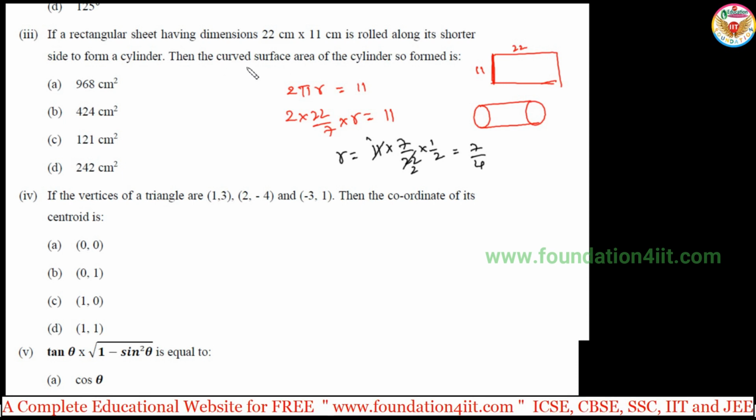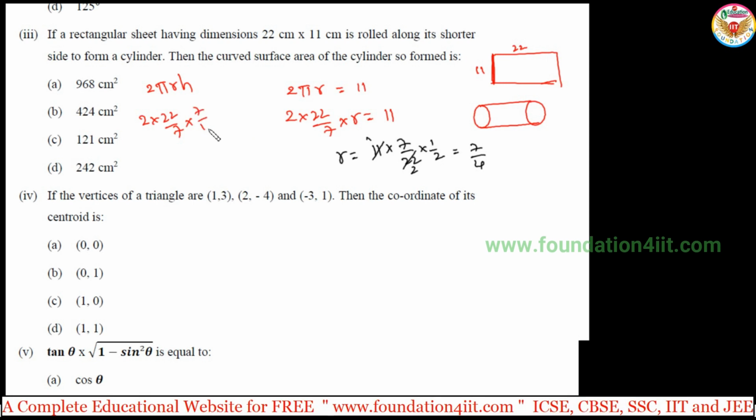Now we need to find out the CSA of the cylinder, curved surface area. So CSA of the cylinder is 2 pi RH. You apply that formula. So 2 into 22 by 7 and radius we got 7 by 4. Height is the distance, that is 22 long.